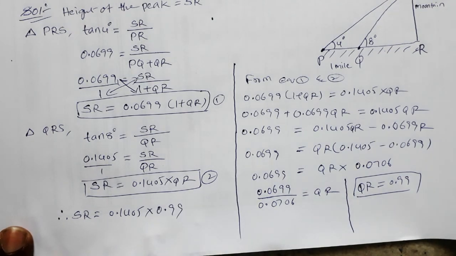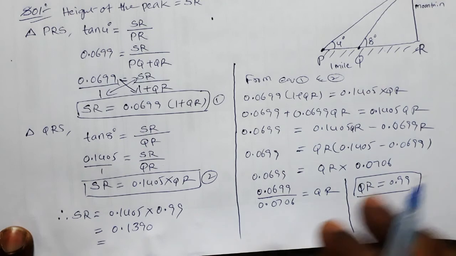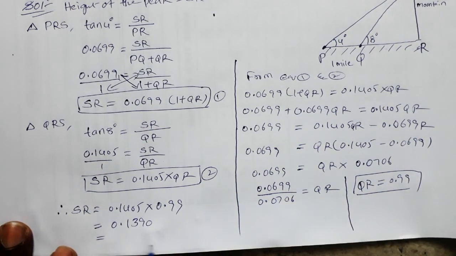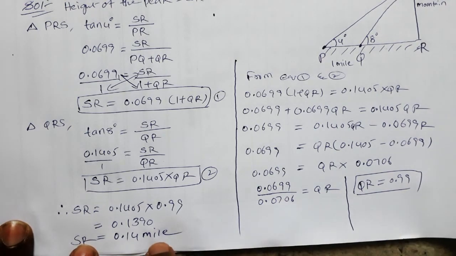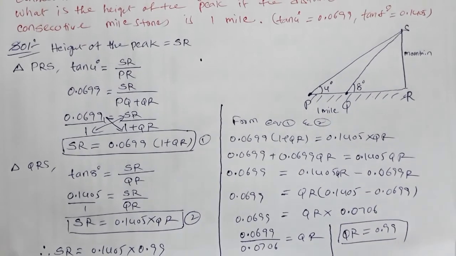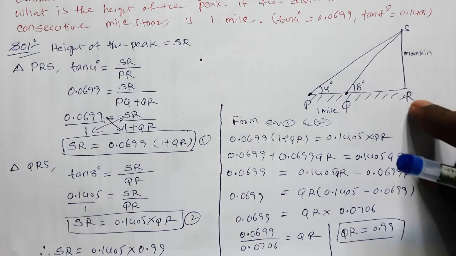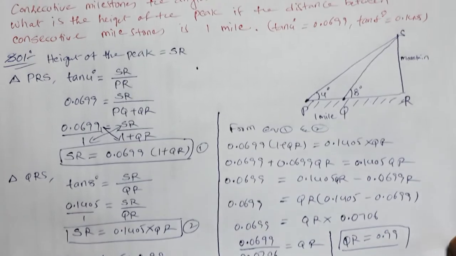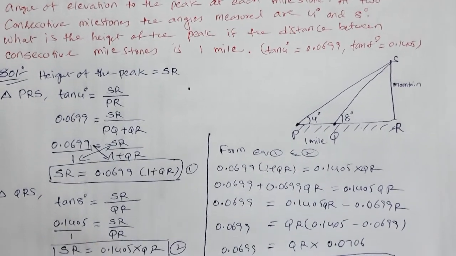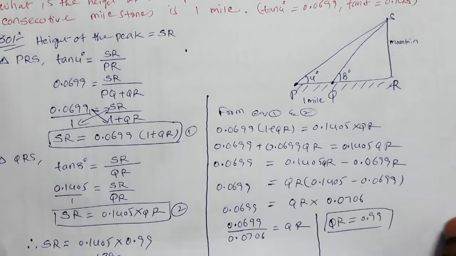Multiplying, we get 0.1390. At two digits after the decimal point, it is 0.14 mile. SR is 0.14 mile, and SR means the height of the mountain. We got the answer. So you see it clearly, step by step. Thank you.